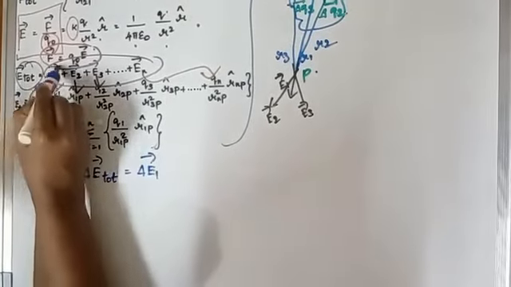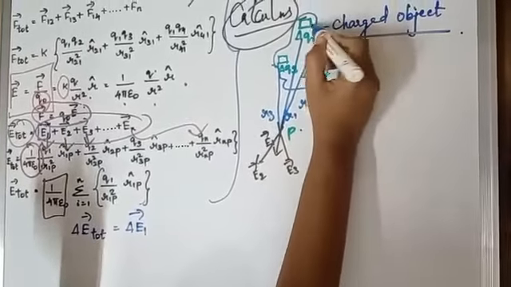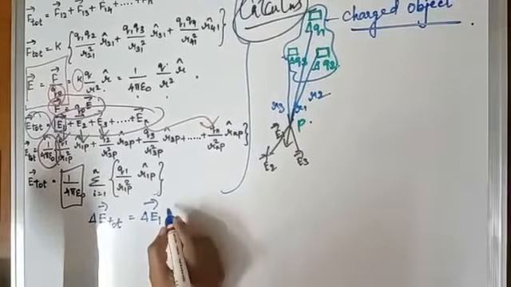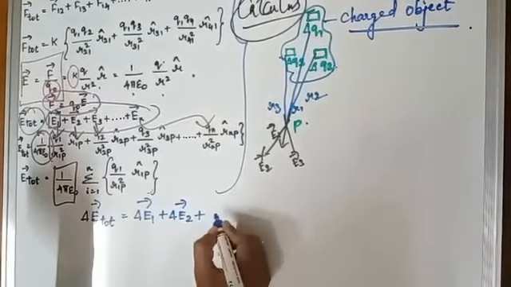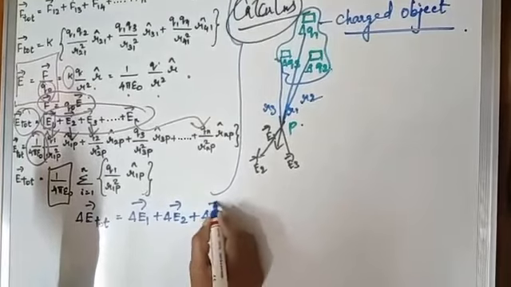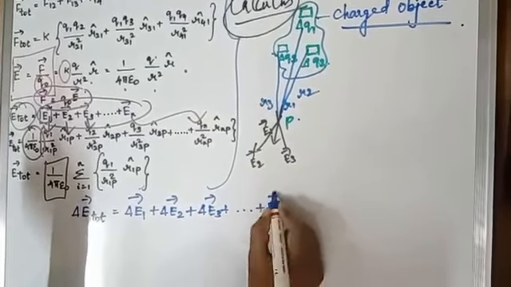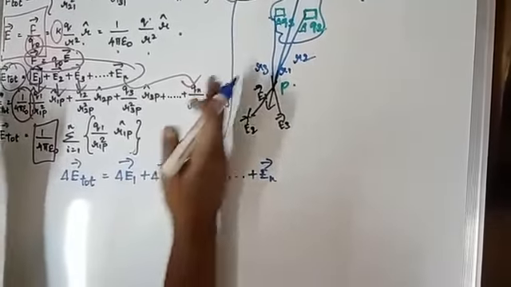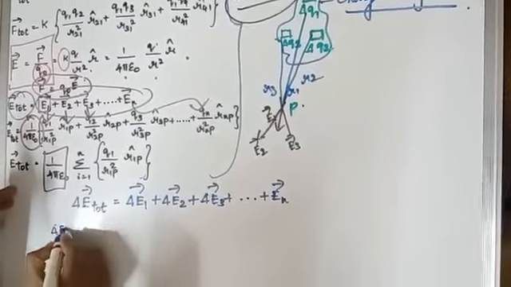Here it is just simple E1 vector, but here we have taken del E vector because we are considering a small element in an irregular object. So del E1 vector plus del E2 vector plus del E3 vector and so on till del En vector, that is the nth electric field.